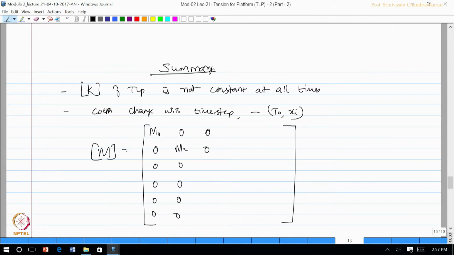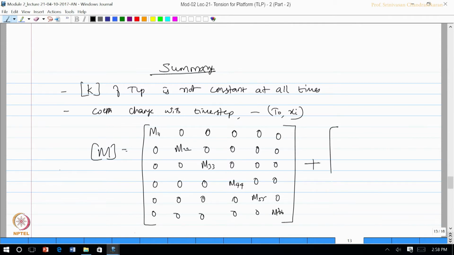Similarly, all zeros with M3, then all zeros with M4 or M22, M33, M44, and all zeros with M55 and all zeros with M66. This is the ideal mass matrix, but some added mass will be added to this.